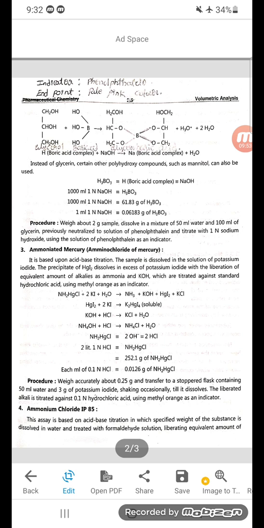This assay is based on acid base titration, in which the specified weight of the substance is dissolved in water and treated with formaldehyde solution, liberating an equivalent amount of hydrochloric acid.